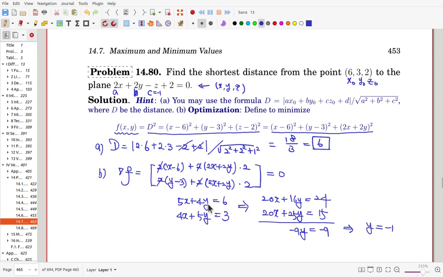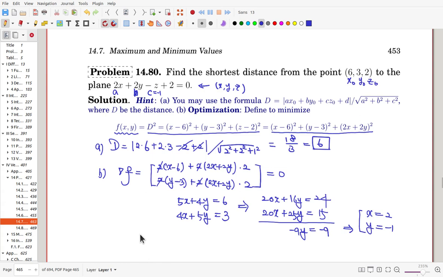Once y equals minus 1, then 5x minus 4 equals 6, and by adding 4 it becomes 10, which means that x equals 2. So we have a critical point, x is 2, y equals minus 1.